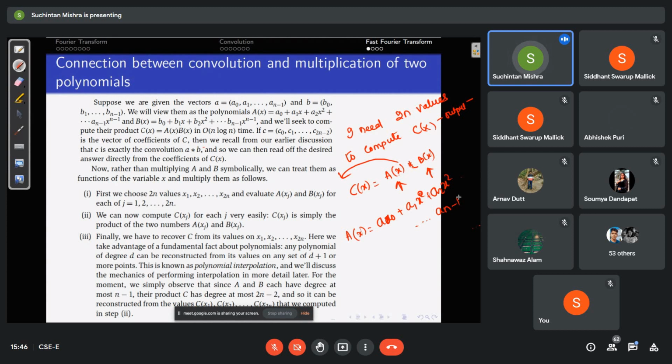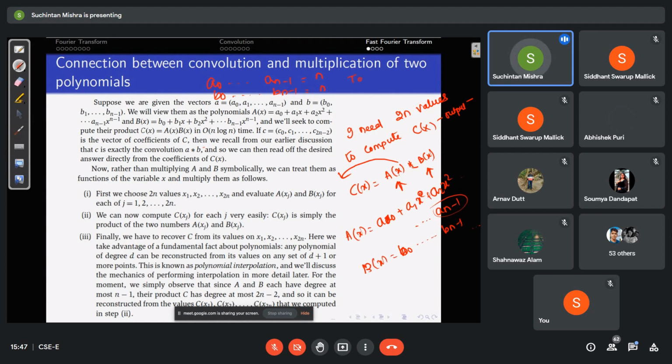Again, B of x is a polynomial, b0 to b n minus 1. How many values? Here n values have to be found out, and here n values have to be found out.